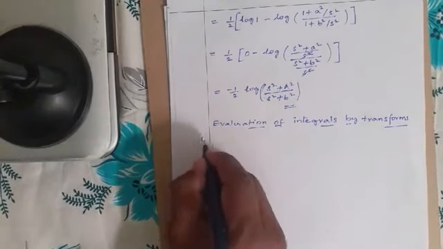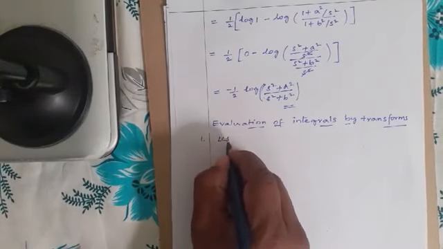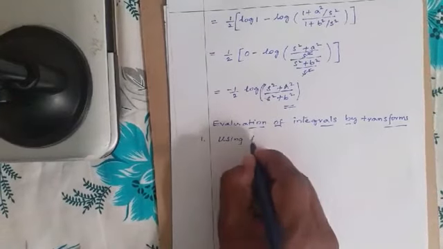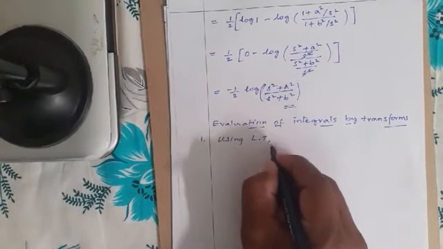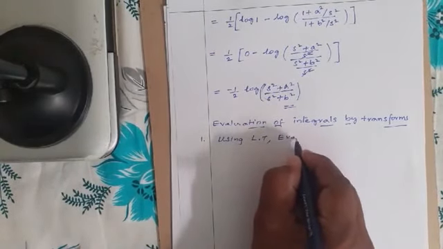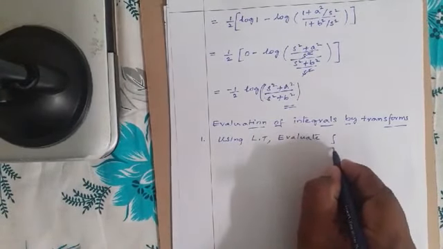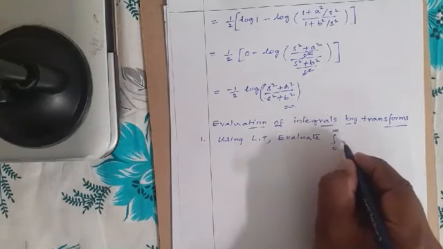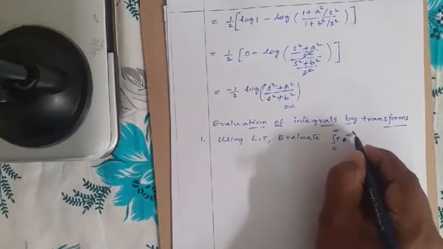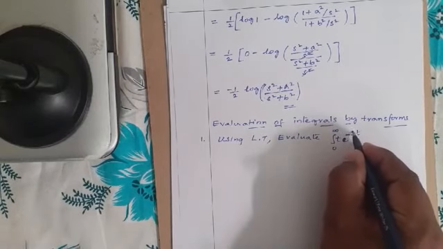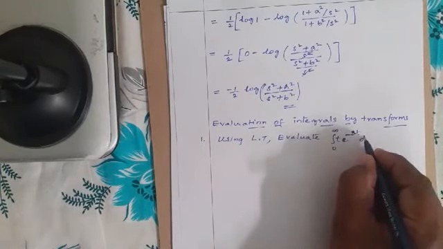Now the first problem is: using Laplace transform, evaluate integral 0 to infinity t into e power minus 3t dt.